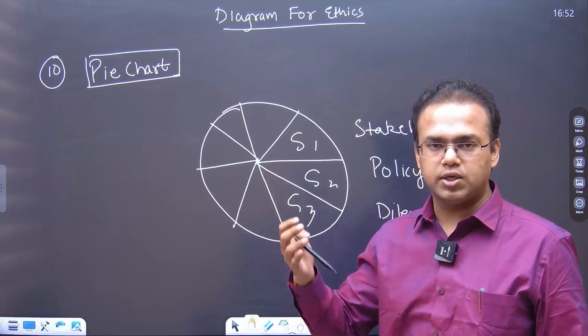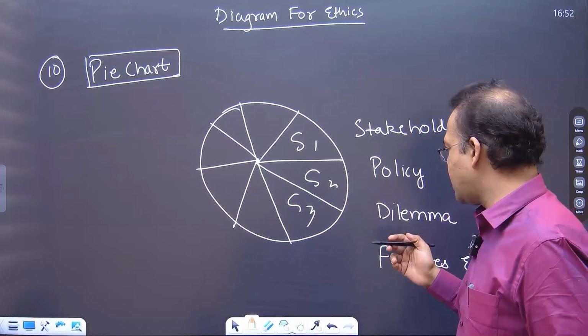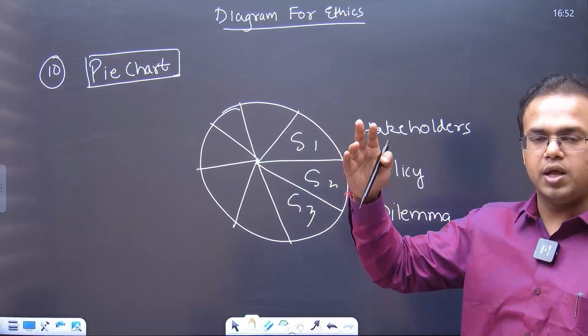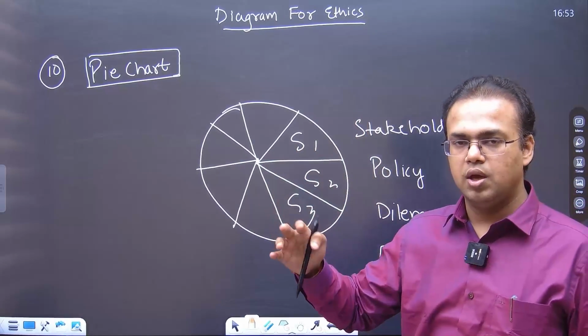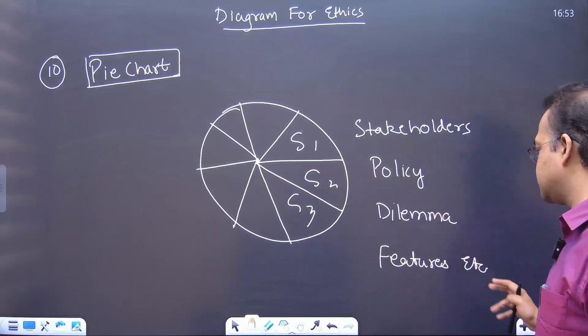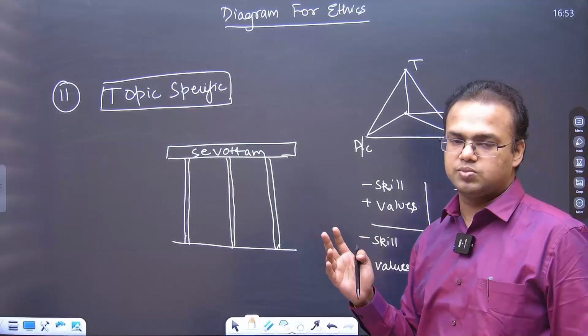There would be 4 sectors, and in 4 sectors I can write the names of the stakeholders. If I have to write say policy measures, there are 5 policy measures, I'll ensure that I have 5 sectors or 6 sectors and so on. So just a unique way to present. Just keep in your mind that you can draw a pie chart as well in ethics paper.